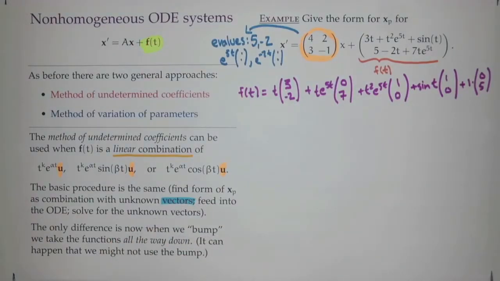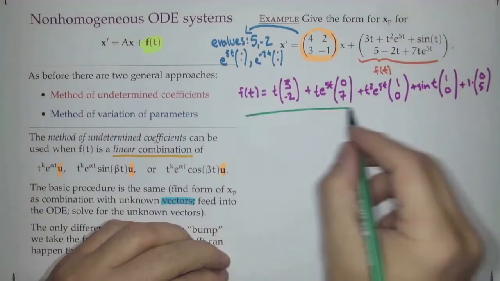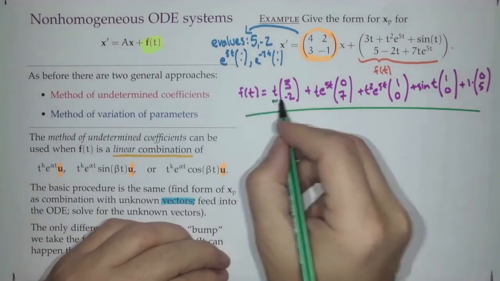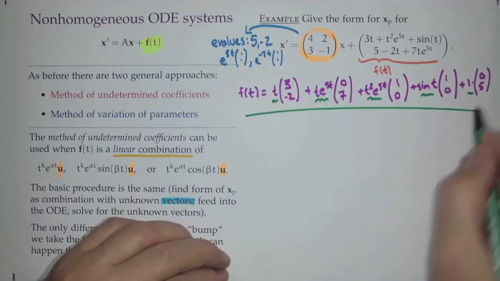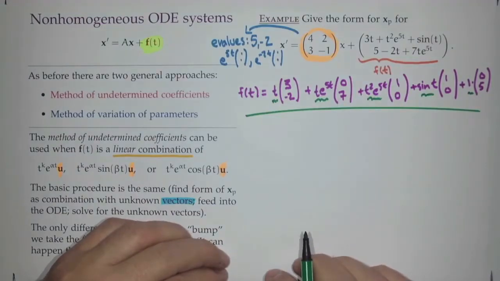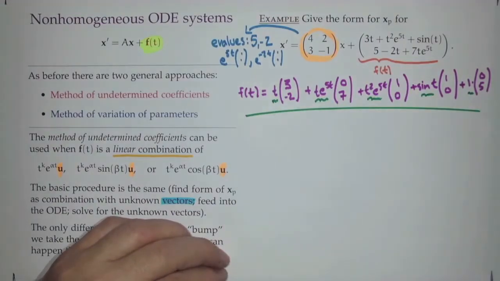So let's put on our old hat, what we learned before we talked about systems. What we would do at this point is look at the functions in front, and say, what are the important functions that we have to have as part of our solution?